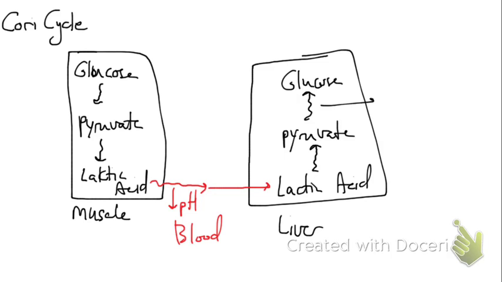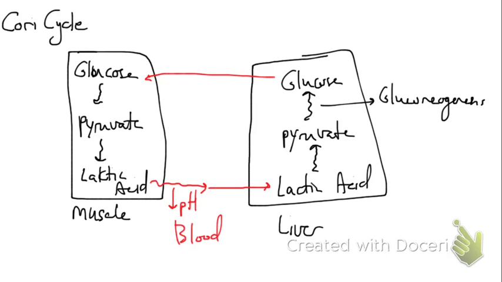And this here is gluconeogenesis. So then the glucose from the liver gets dumped into the blood and it can go into the muscle. So that's known as the Cori cycle.